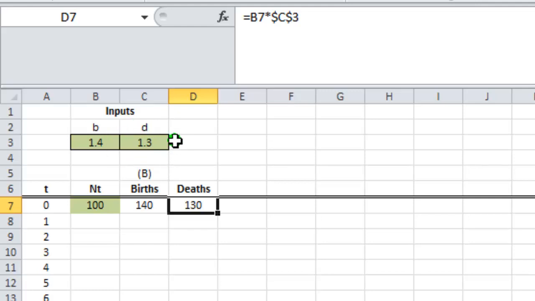Here, this number looks a bit odd because the number is greater than 1. What this means is that for every individual in the population at the census, we will see 1.3 deaths per individual that's present in the population, and the result is 130 deaths.